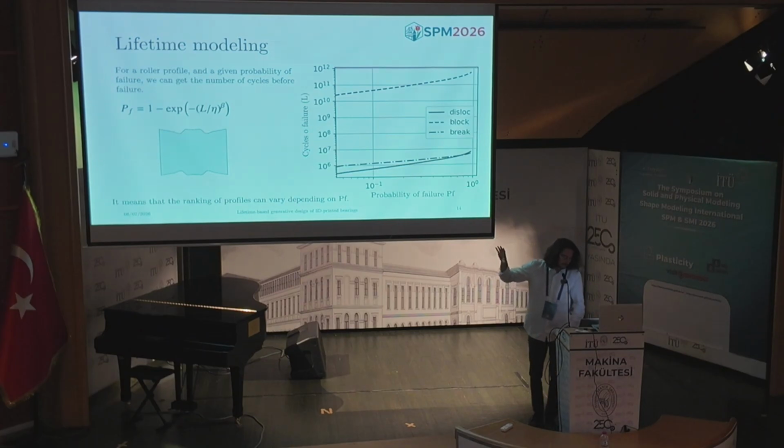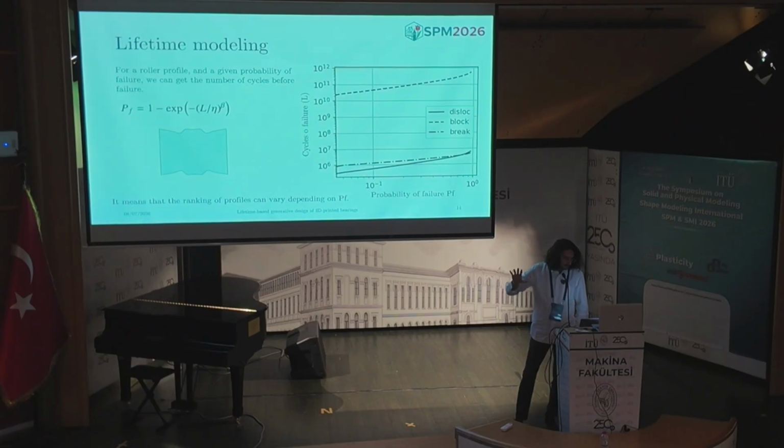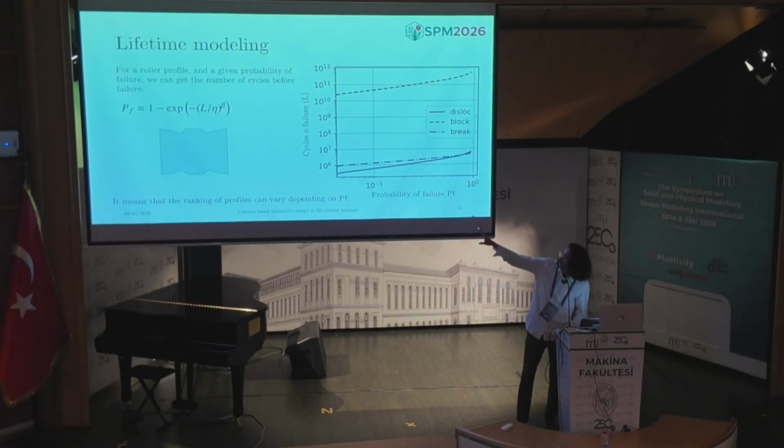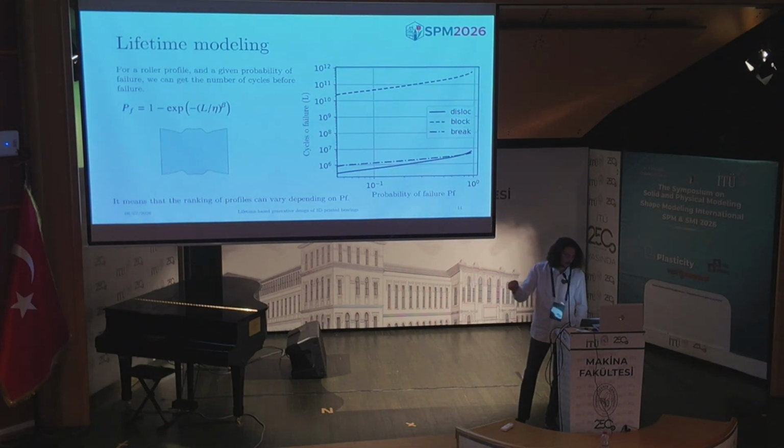To illustrate the fact that the probability of failure is important, for a rolling profile, given a probability of failure, we can get the number of cycles before failure. Then, for example, for this kind of shape of roller, we have this type of graphic which shows the cycles to failure given the probability of failure.